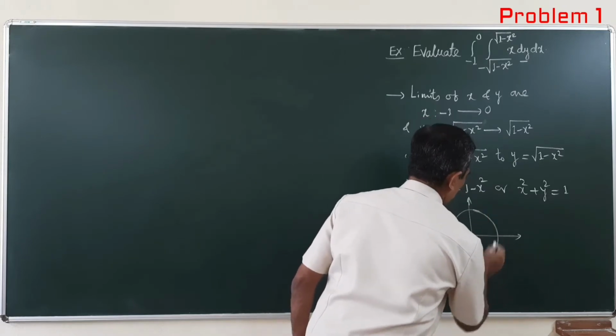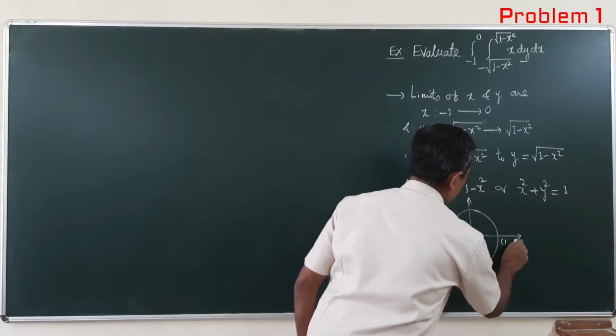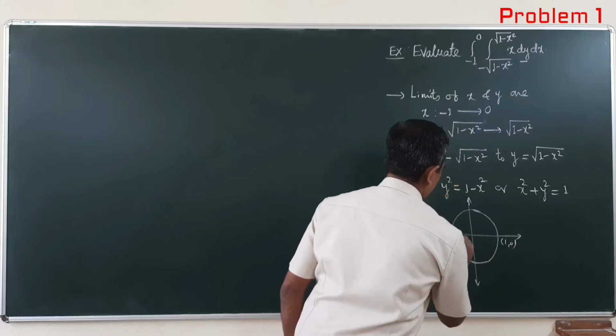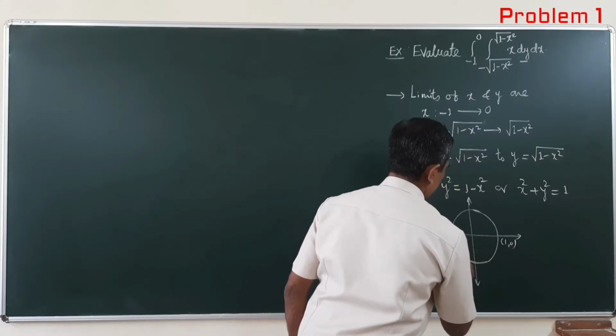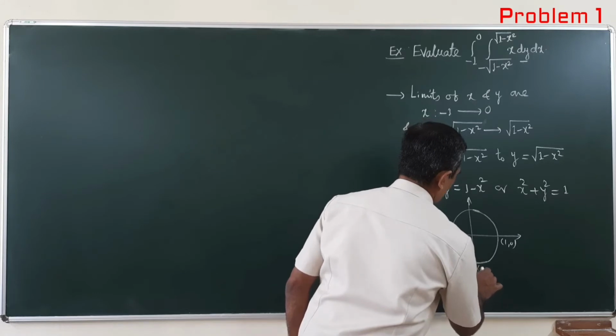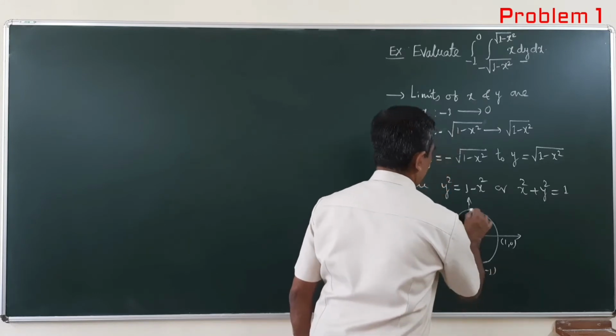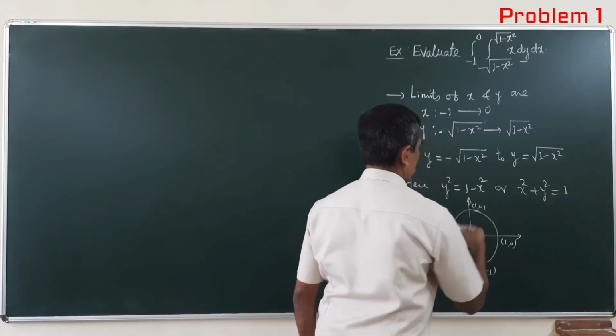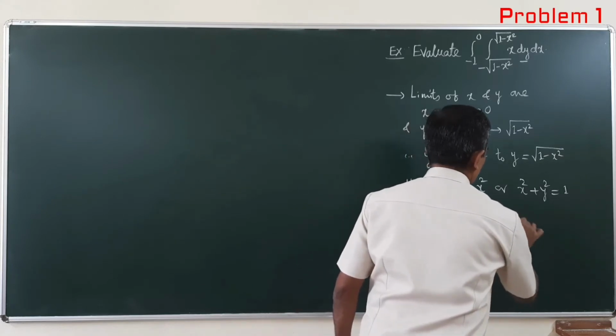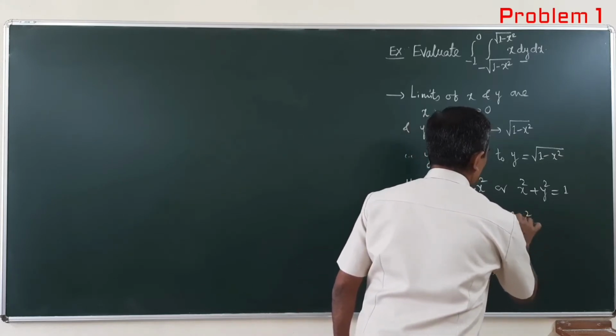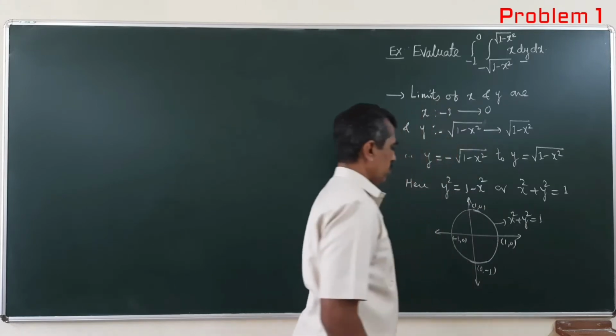Suppose this is radius 1. So here will be 1 comma 0, and this will be minus 1 comma 0. This will be 0 comma minus 1, and here is 0 comma 1. So this is the circle x square plus y square is equal to 1.